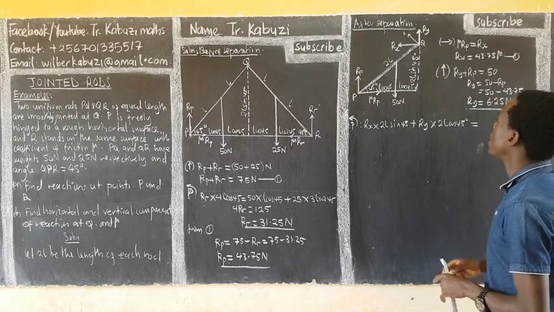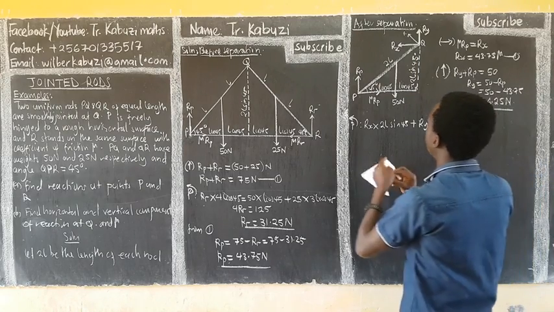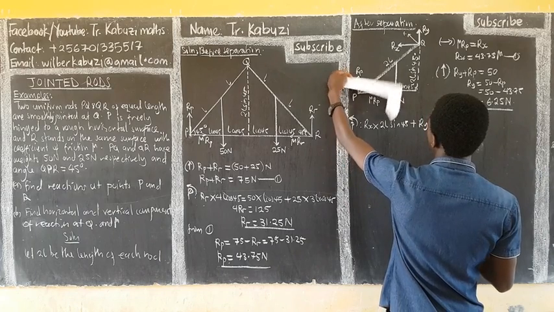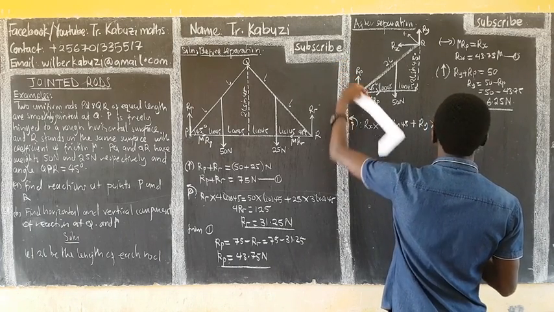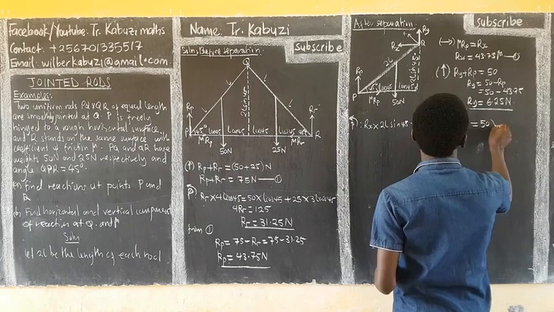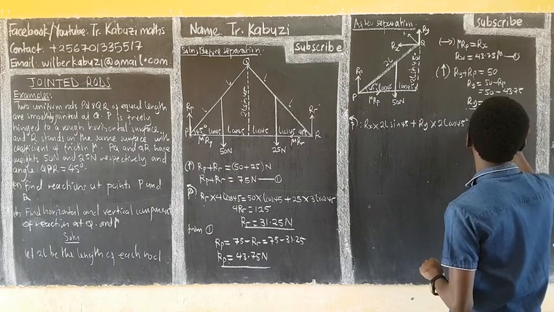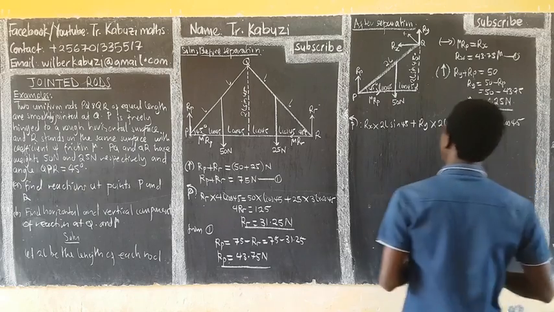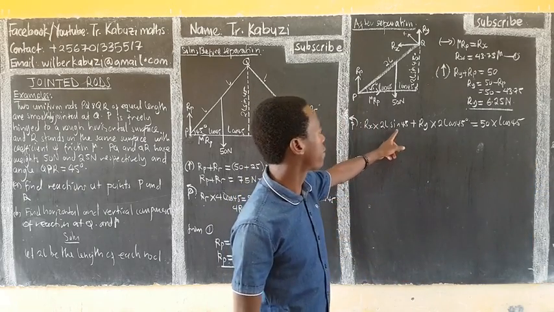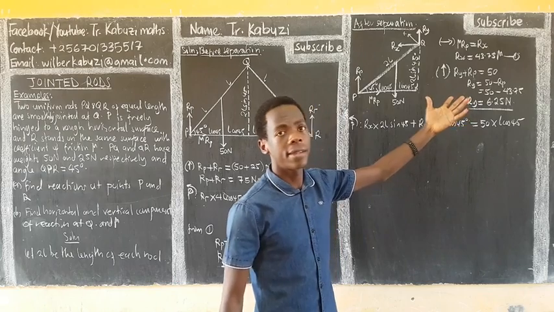Equaling to the only clockwise force at P, which is this one acting clockwise. So we have 50 times from here up to here, it's L cos 45. But you can see that sine 45 is the same as cos 45, so you can divide it through.